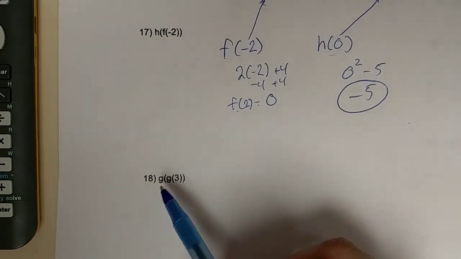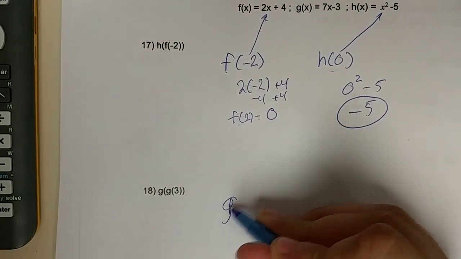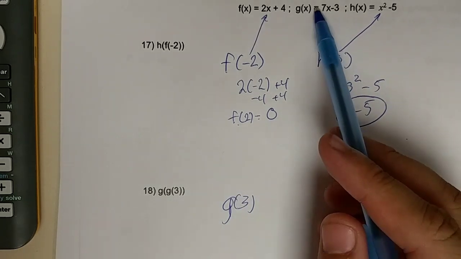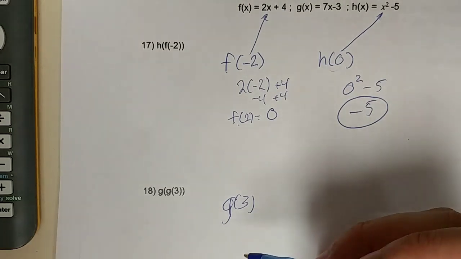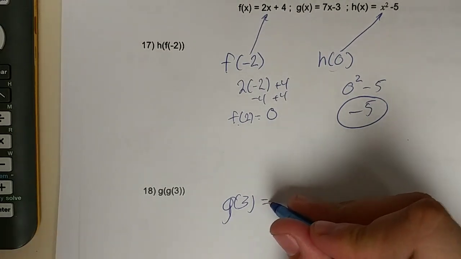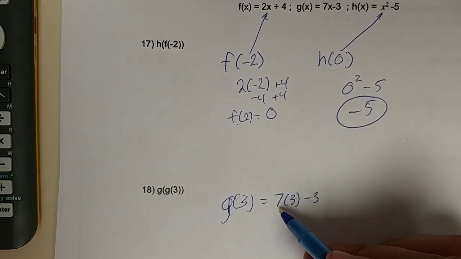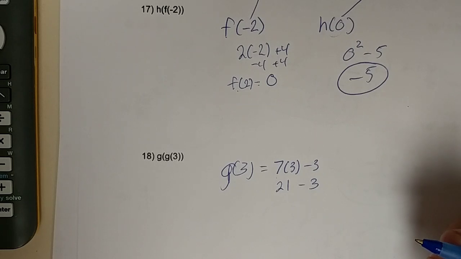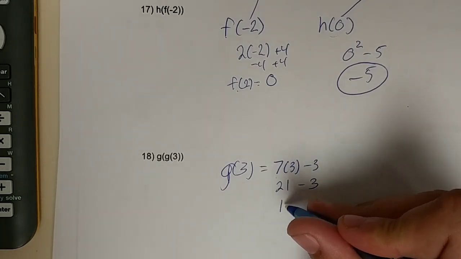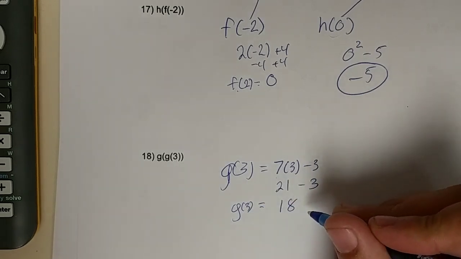You'll see it illustrated in g of g of 3. So first I'm going to do g of 3, and that's 7x minus 3. So g of 3 equals 7 times 3 minus 3. Well, 7 times 3 is 21 minus 3. 21 minus 3 is 18. So g of 3 equals 18.